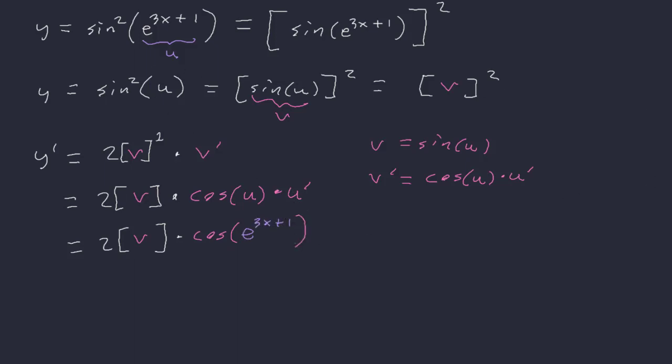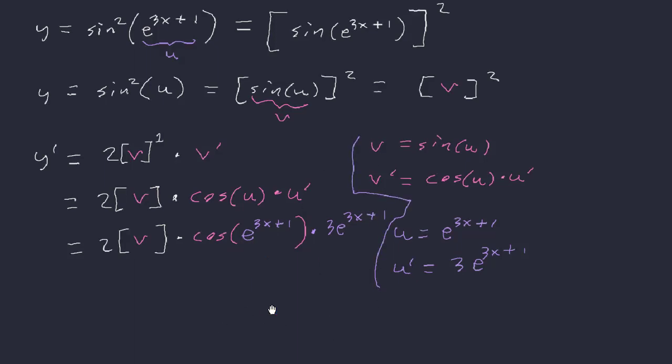And our u prime, well, if u is e to the 3x plus 1, then u prime is going to be 3e to the 3x plus 1, because it's just a basic chain rule here. The derivative of 3x plus 1 is 3. So u prime is 3e to the 3x plus 1.